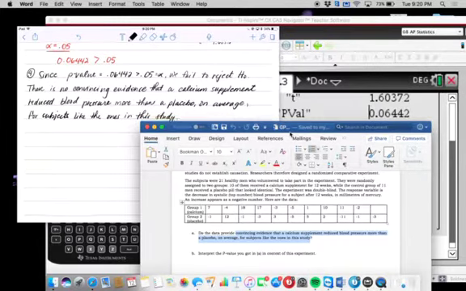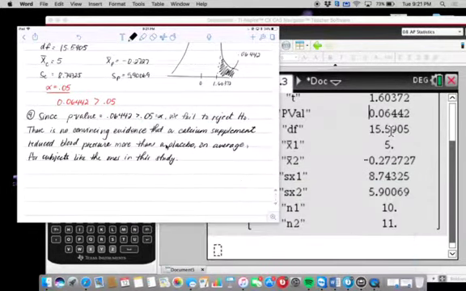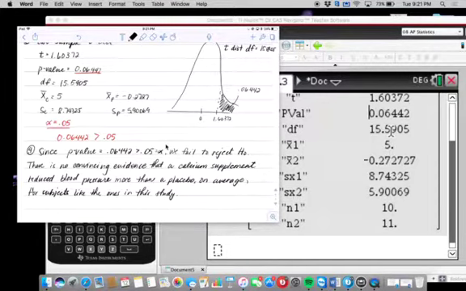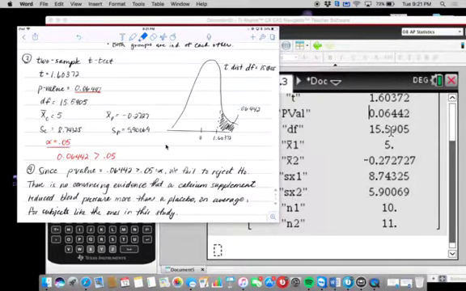Now let's look at the second part, which is to interpret the p-value you got in part A in the context of the experiment. Before I do that, let me backtrack a little bit to what this 1.60537 means. We have two sample means, 5 and negative 0.2727.